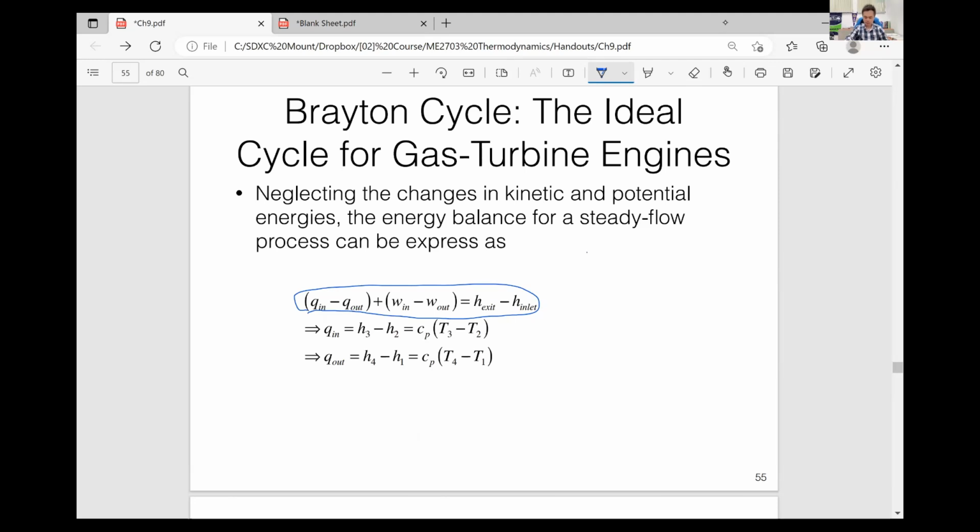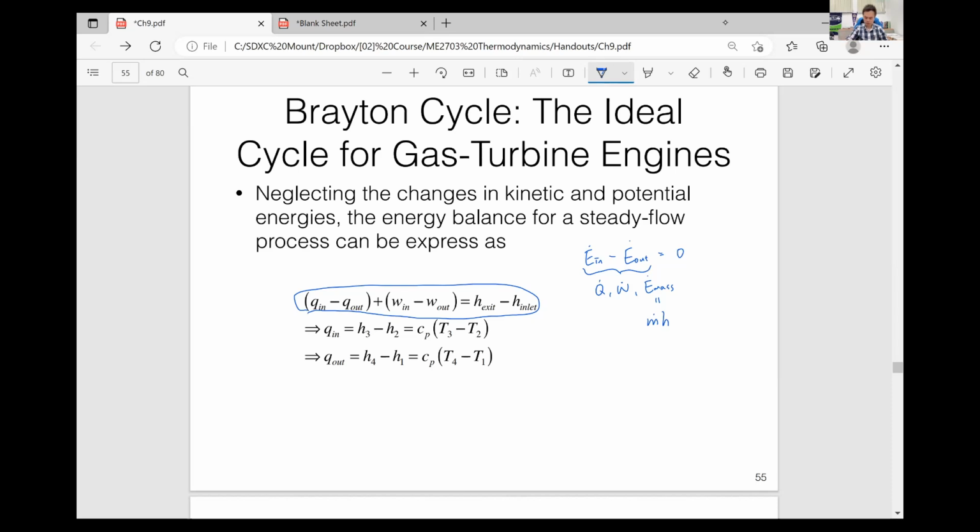It's essentially just E in dot minus E out dot equals 0. Energy can be transferred by heat, work, and mass, and we know E mass is m dot h, because we already neglect the kinetic and potential energy.